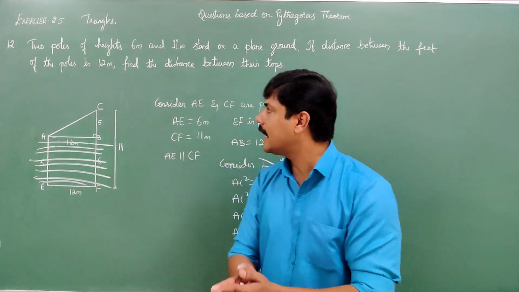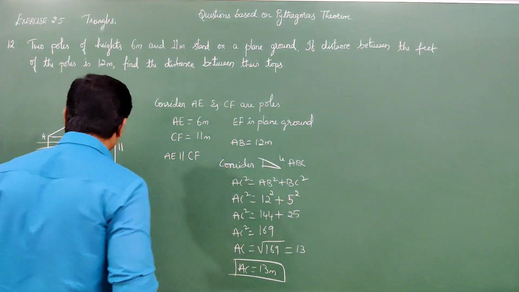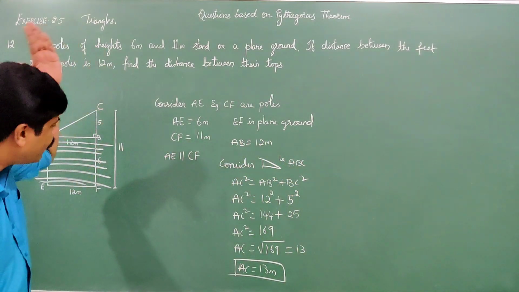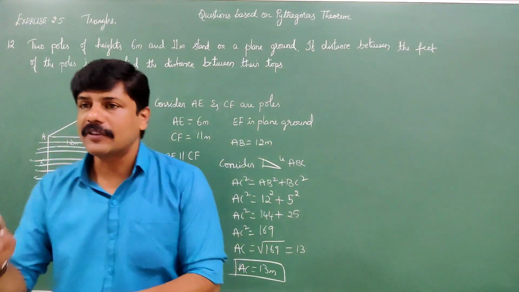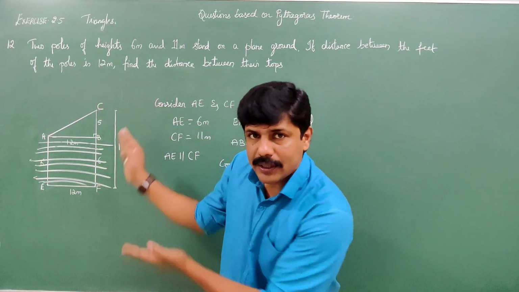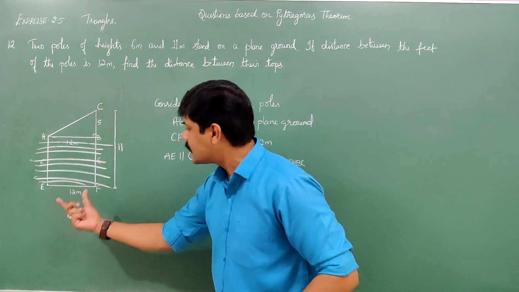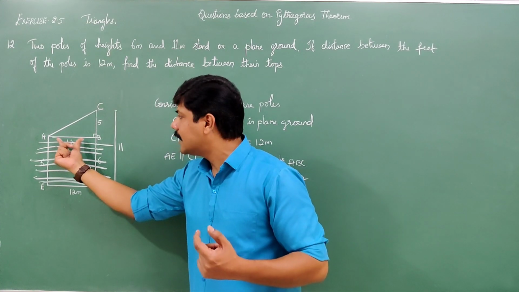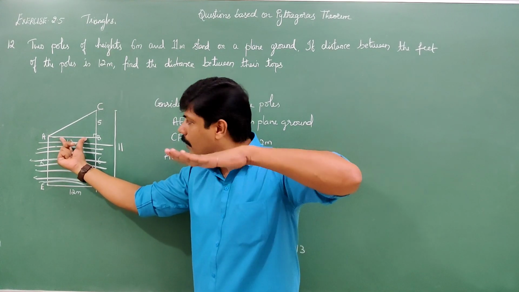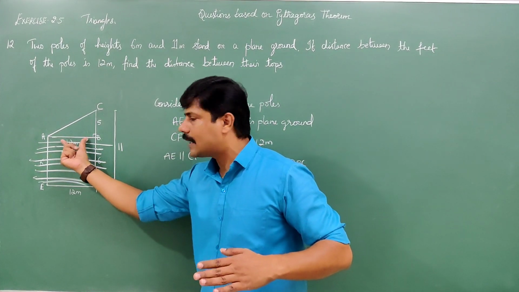It's really very easy. The only thing is you need to make certain changes. You have to cut the longer pole by 6, so that whatever the height of the first pole, that much height you have to neglect from the second pole. The remainder, 5, becomes BC. The distance of their feet you take as AB at the top of pole AE, by taking a parallel, and that becomes 12.